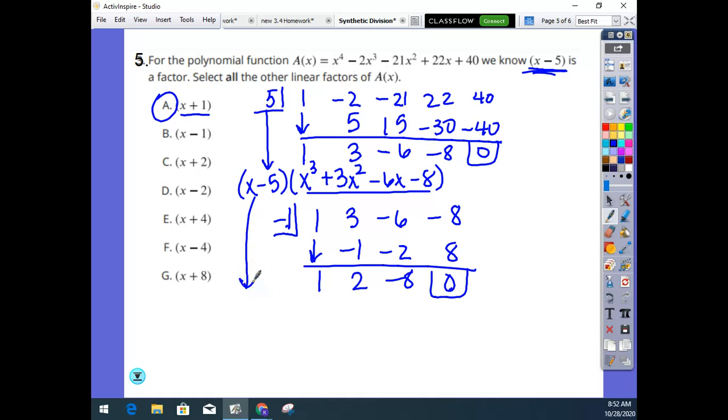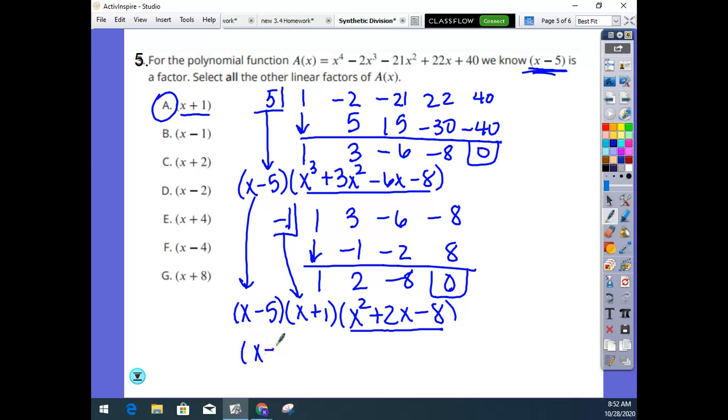All right, so I'm going to put my x's back in. I'm going to keep my x minus 5. I'm going to put x plus 1 back with my -1. Then this is x squared plus 2x minus 8. And we can find the other factors by factoring the quadratic.